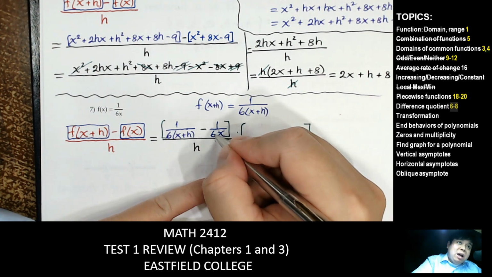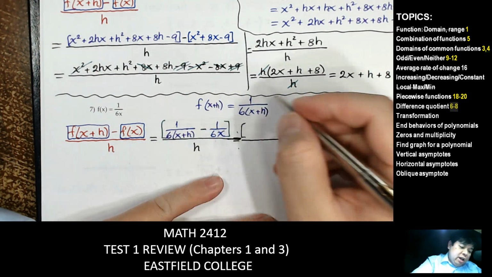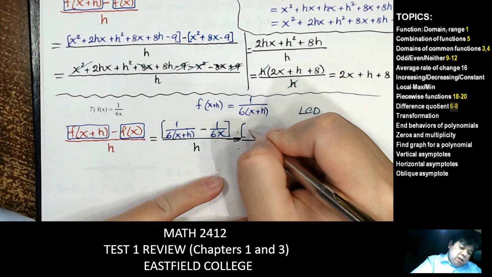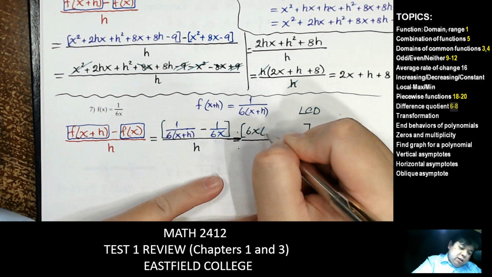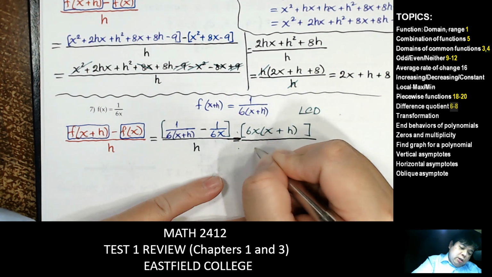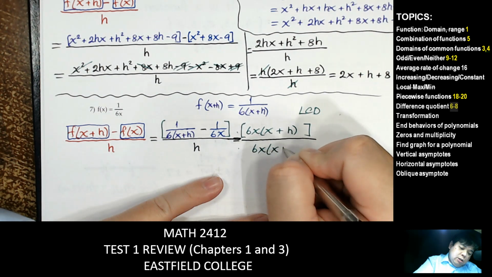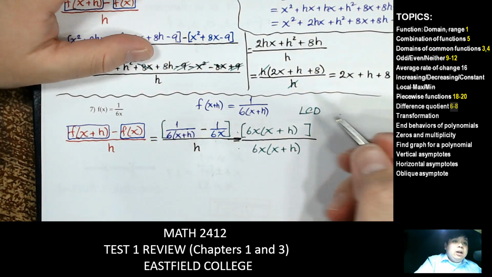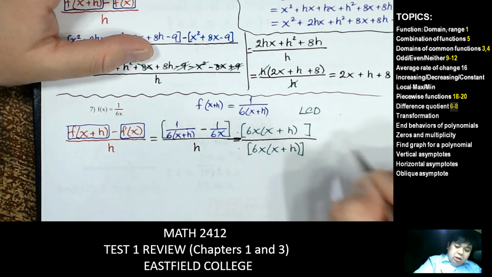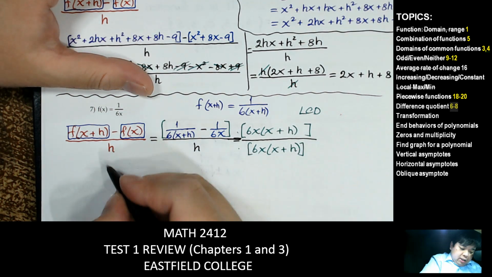So we have the denominator here and denominator there. The LCD is 6x times x plus h. So we'll multiply that top and bottom. So it will look like this.